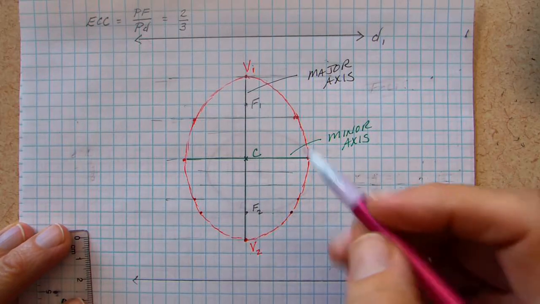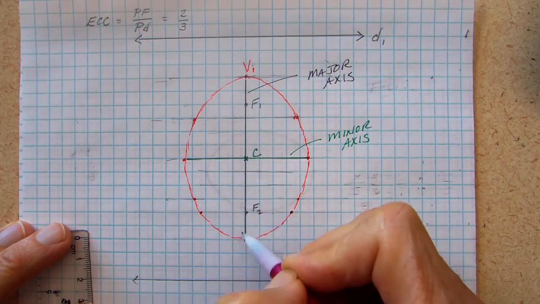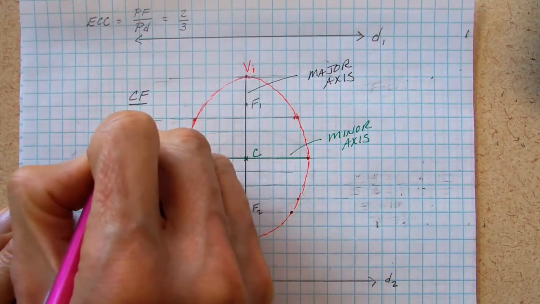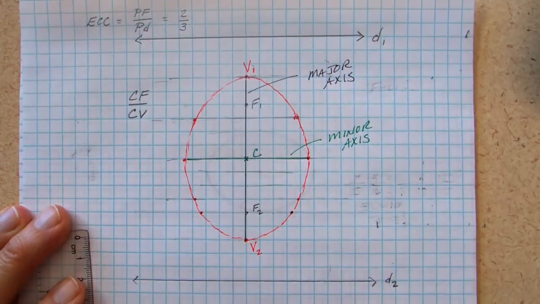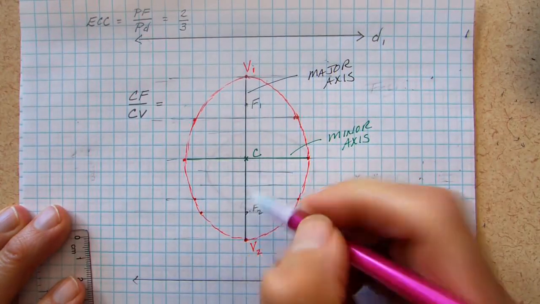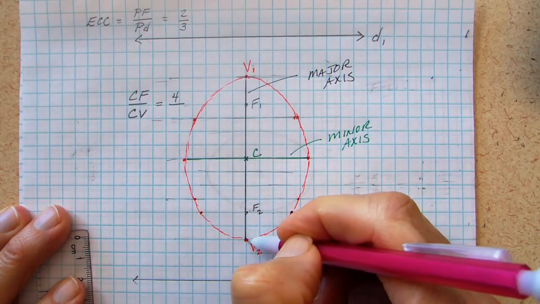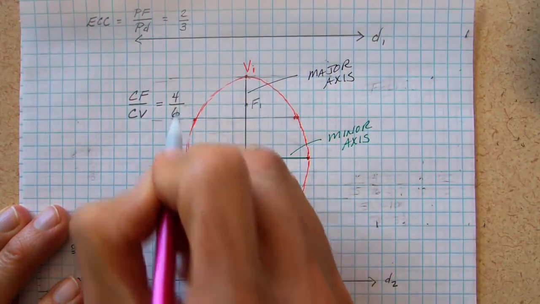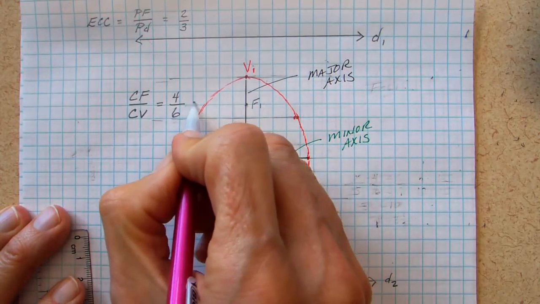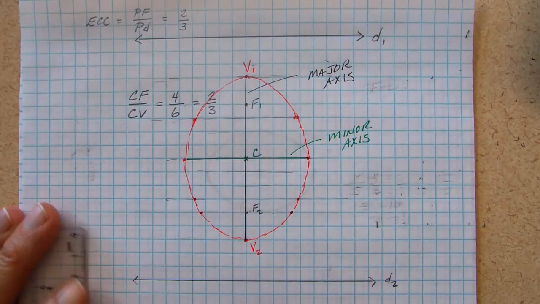If you measure from center to focus versus center to vertex, in this case, from the center point to the focal point is 4 units, and from the center point to the vertex is 6 units. That reduces to a 2-to-3 ratio. In other words, it matches the eccentricity ratio of the ellipse.